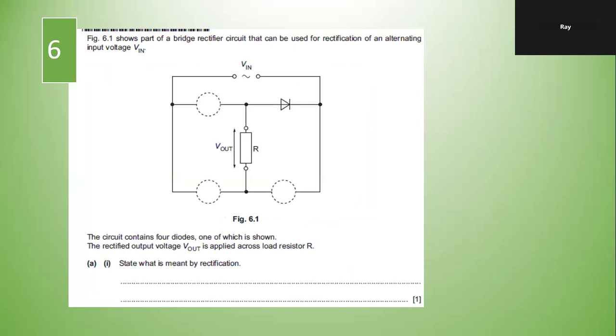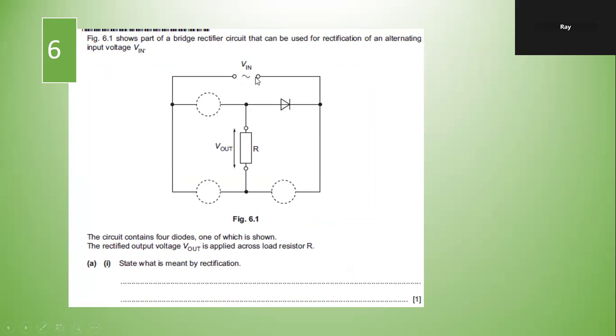Figure 6.1 shows part of a bridge rectifier circuit that can be used for rectification of alternating input voltage Vin. The circuit contains 4 diodes, one of which is shown. The rectified output voltage Vout is applied across the load.